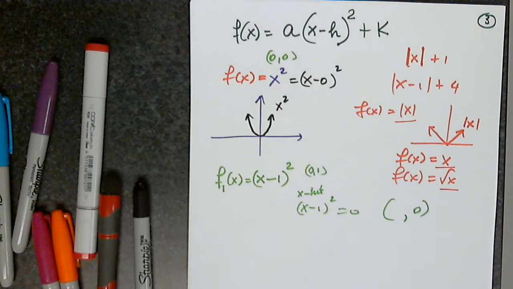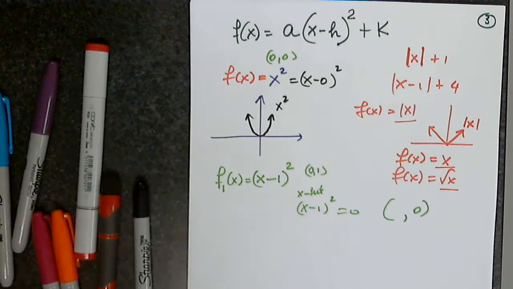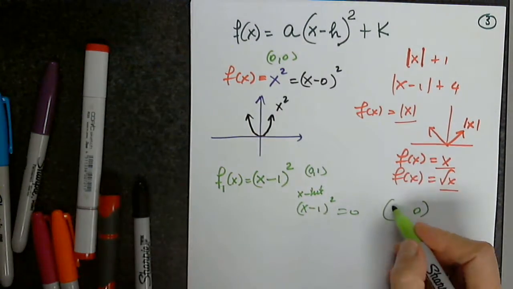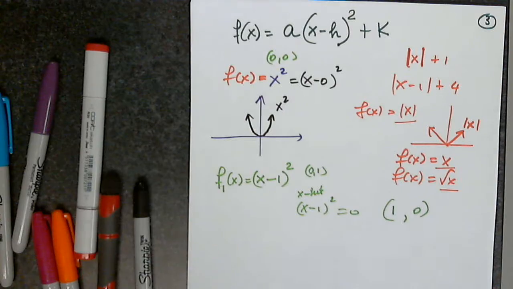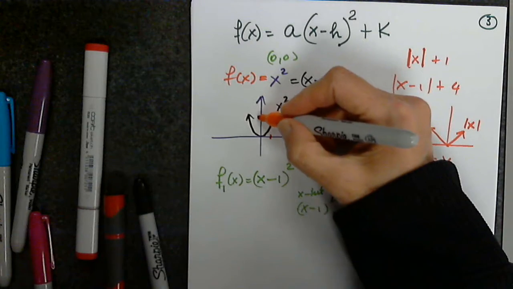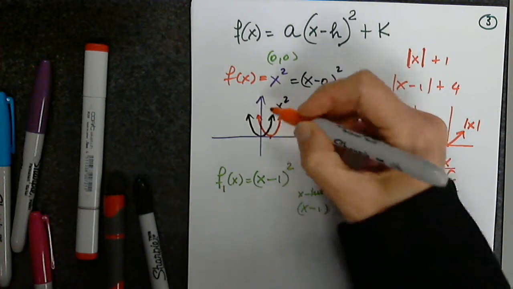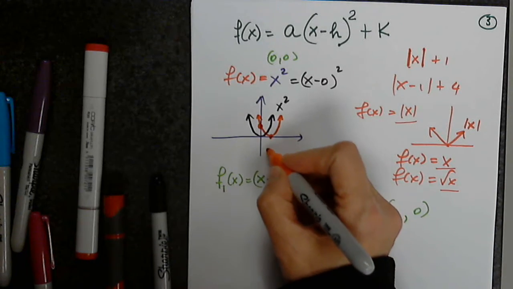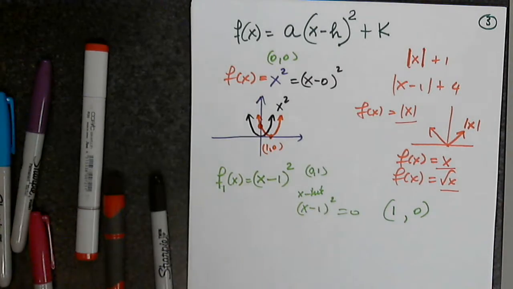There is only one x that will make this 0. Negative 1 minus 1 will be negative 2. Negative 2 squared will be 4. Exactly. So where does this function go? Does it go to the right or to the left? Exactly. So the new graph will be this. And here's your y-intercept of (0, 1). And here's the x-intercept of (1, 0).